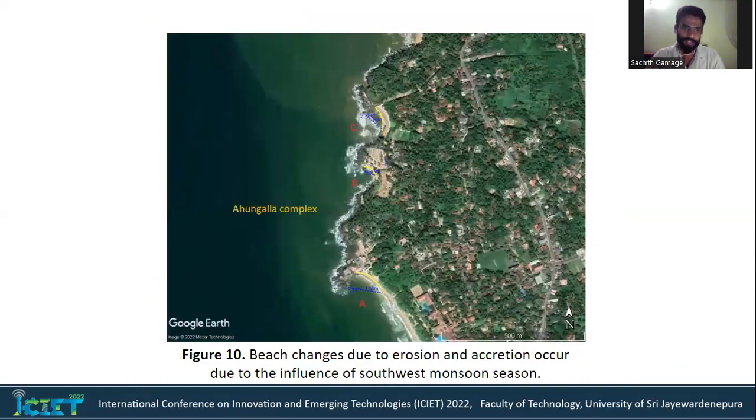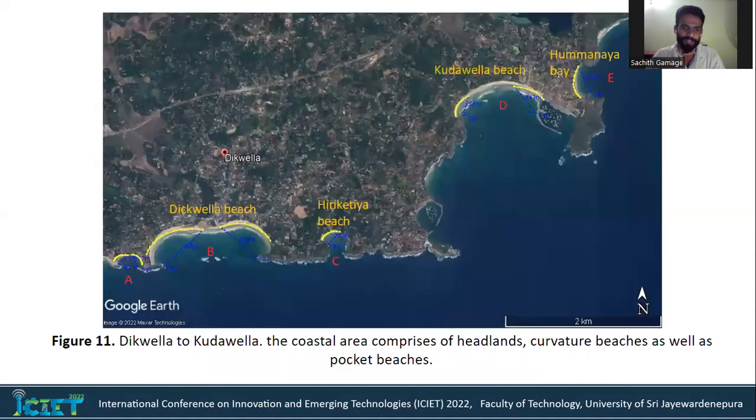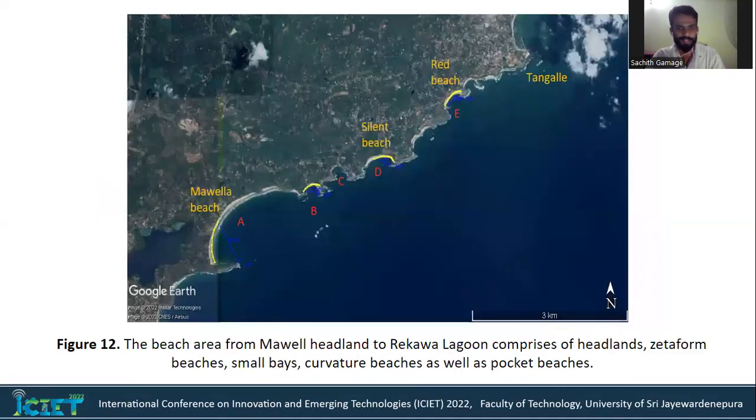Again, in Ahungalla complex, there are pocket beaches, for example C and B. In the Dikwella to Kudawella area, A, B, C, D, E are Dikwella Beach, Hiriketiya Beach, Kudawella Beach, and Ummane Bay. All these beaches can act as georesources for many different reasons. And again, Mawella Beach, Silent Beach, Red Beach, and Tangalle.